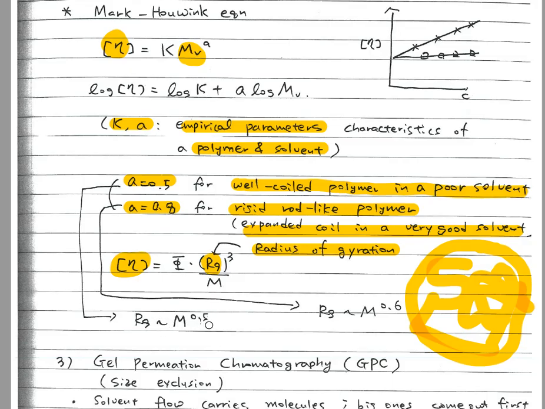Similarly, if a is 0.8, then Rg cubed would be proportional to M to the 1.8, and Rg would be proportional to M to the 0.6. So depending on the environment of the polymers in a specific solvent, the radius of gyration has different relations with the molecular weight.